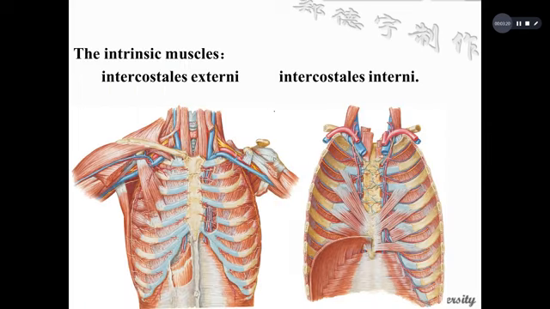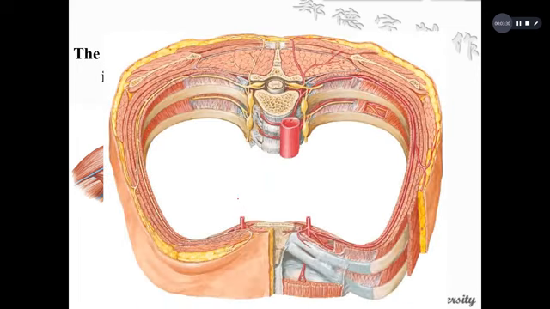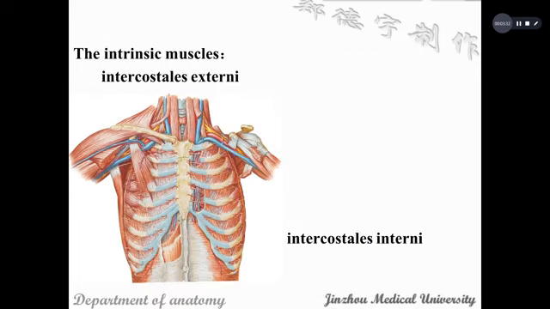The intrinsic muscles include the intercostales interni and the intercostales externi. Let's first see the intercostales externi. Let's change the color.